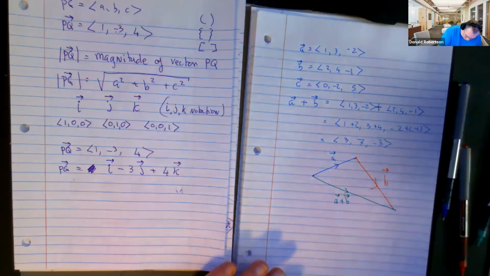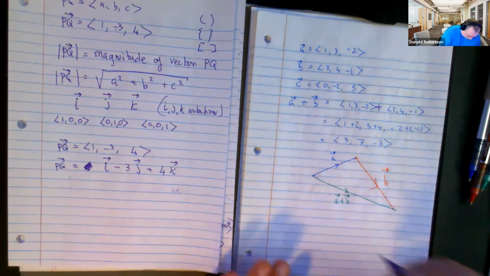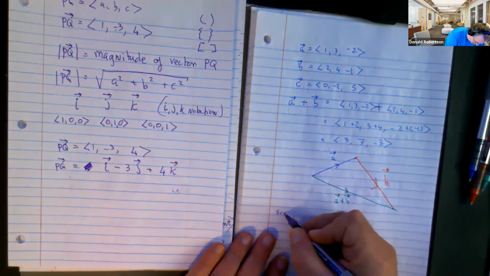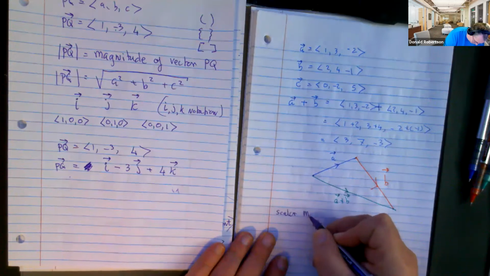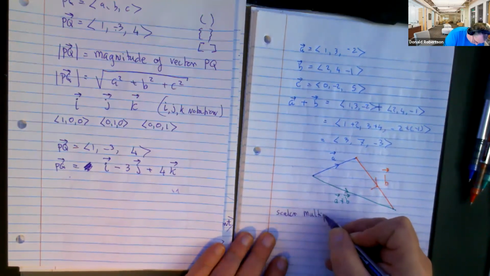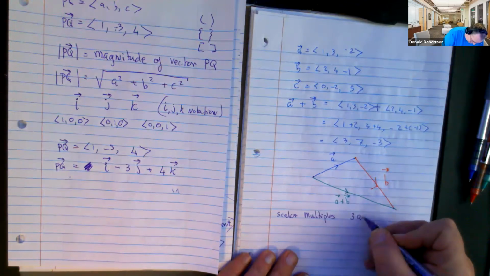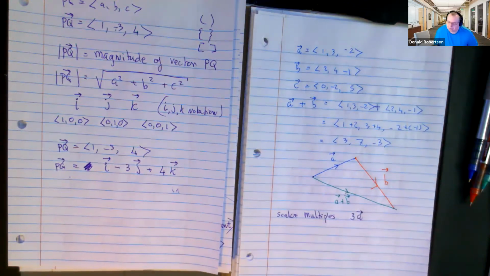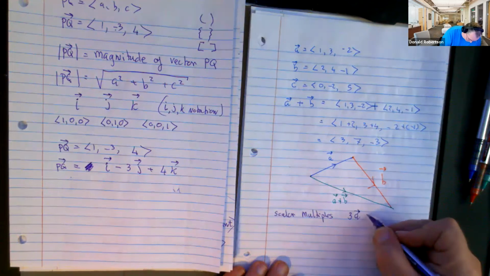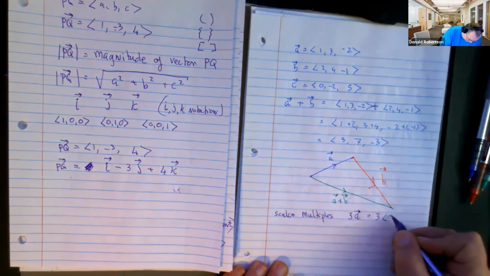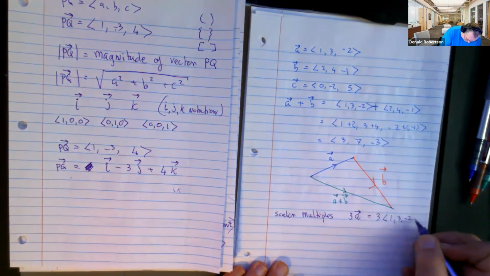Now you can do what are called scalar multiples of vectors. A scalar multiple would be something like 3a. That would be 3 times whatever a happens to be. In this case, that's a.